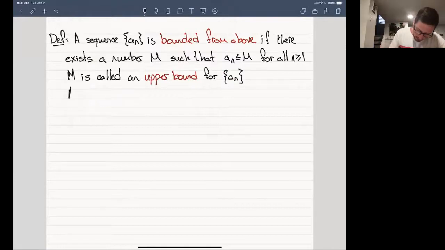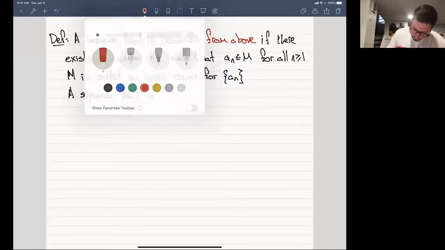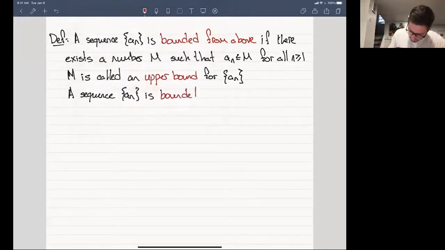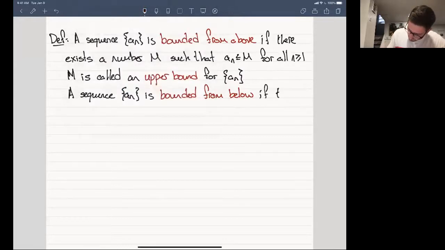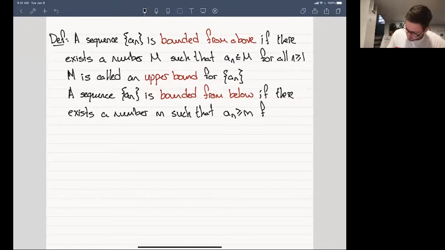So we can say that a sequence a_n is bounded from below if there exists a number, let's use little m in this case, such that a_n is greater than or equal to little m for all n greater than or equal to 1.